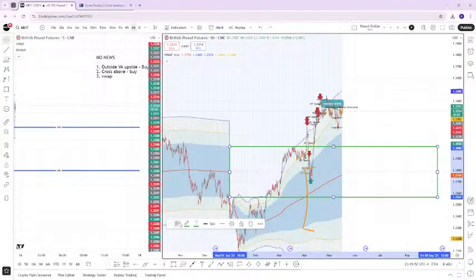I think it's a good area down here, but it needs to spike. Let me throw it after. Here to here.